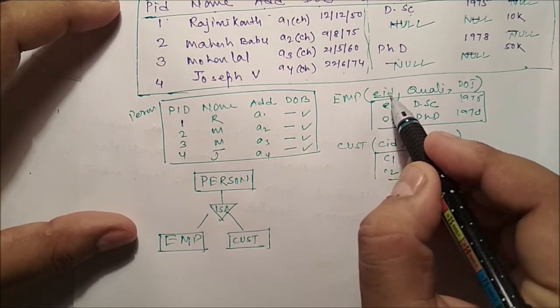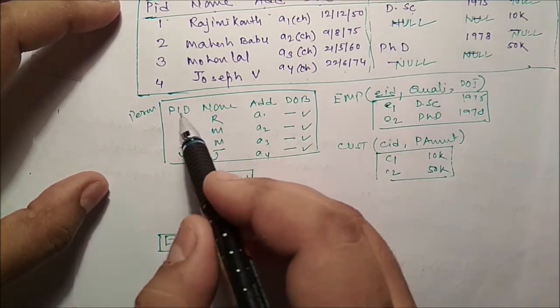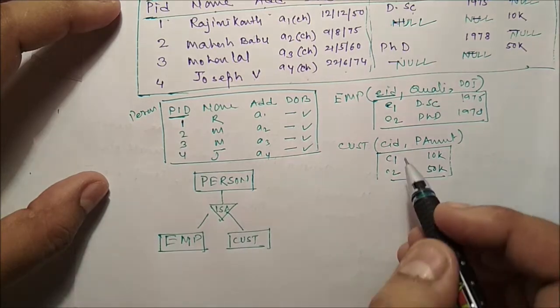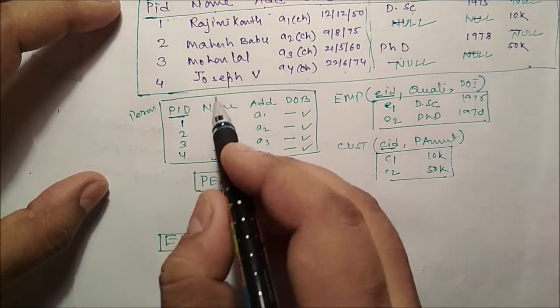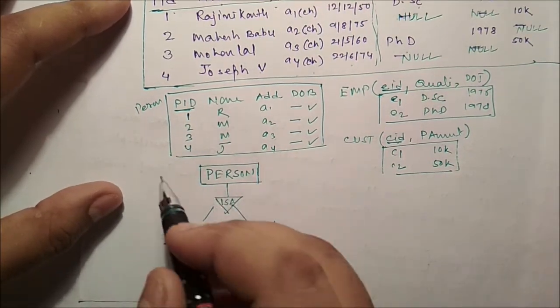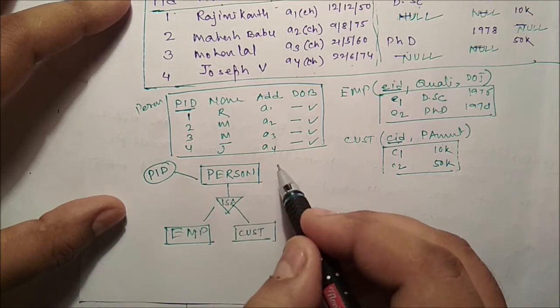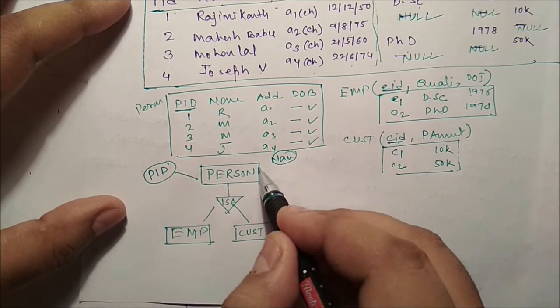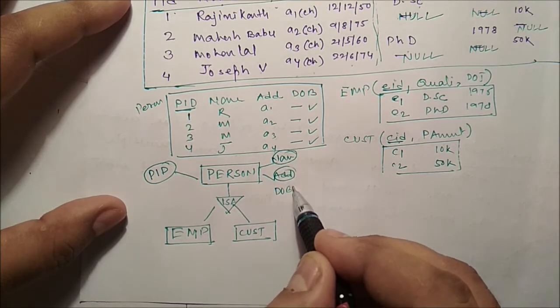Now what is this employee ID? Employee ID will be the primary key as well as the foreign key referencing this particular person ID. And customer ID is the primary key as well as the foreign key referencing this particular table. So in person the attributes are person ID, name, address, and date of birth.